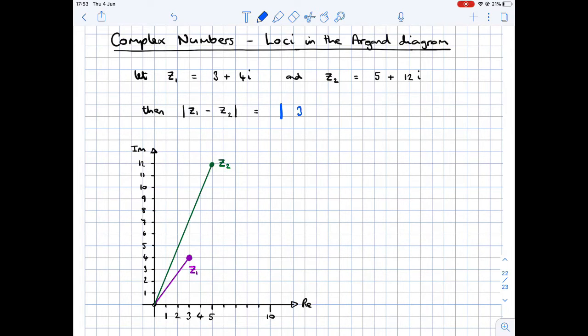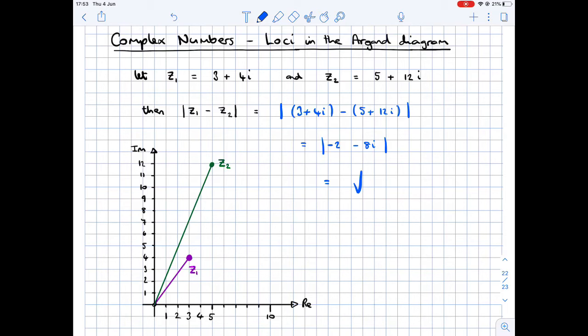Well, z1 is 3 plus 4i minus z2, which is 5 plus 12i, which is equivalent to, well, 3 take away the 5 is minus 2, 4 take away 12 is minus 8, so we're minus 8i, and we're looking for the modulus of that. Remembering, the modulus is the magnitude.